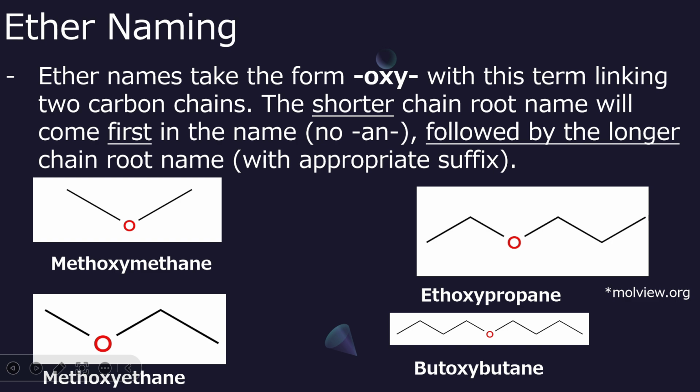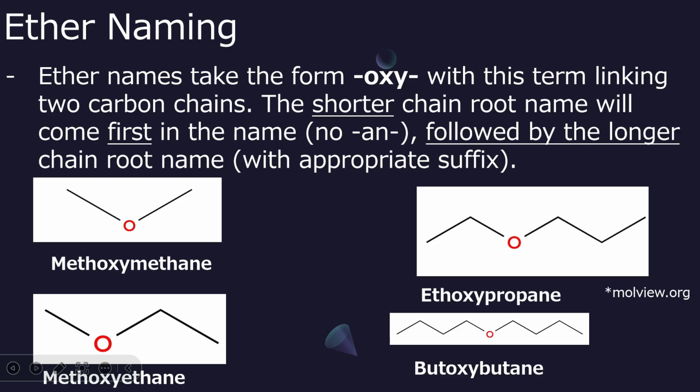Now you can have two of the same chain linked or two different chains, one short, one long. If you have two of the same, it doesn't really matter which you put first in the ether name, but if you have a short and a long one, the shorter chain root name will come first in the name, and we don't add any AN like we would with methane, propane, or like methanamine, methanol.